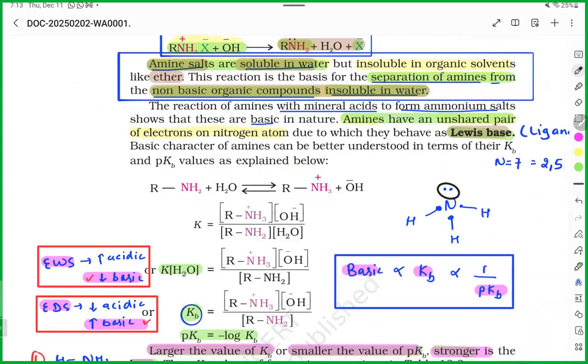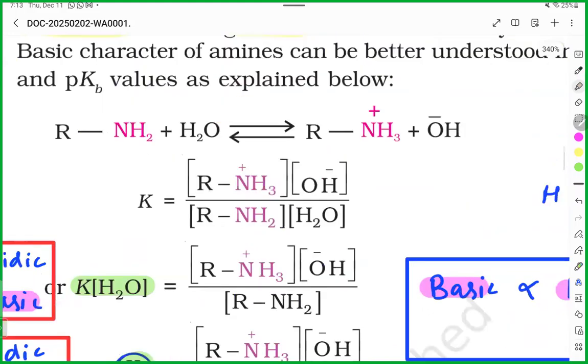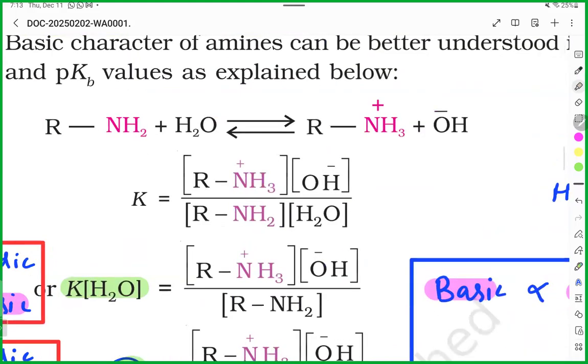Okay. So when amine reacts with water, it will form ammonium salt and hydroxide ion. And if you calculate the dissociation constant K, what is its value? Product divided by reactant. This is the formula we use in equilibrium.